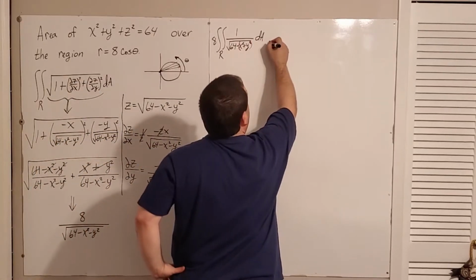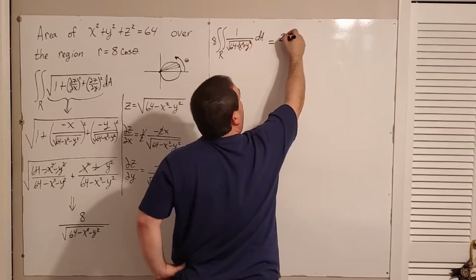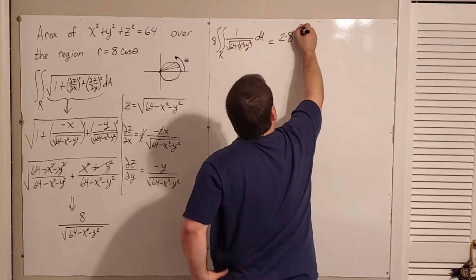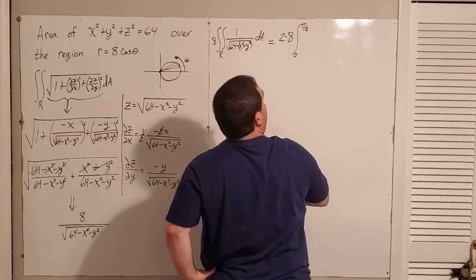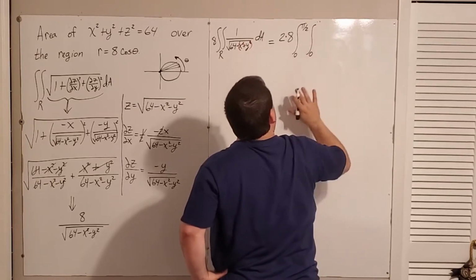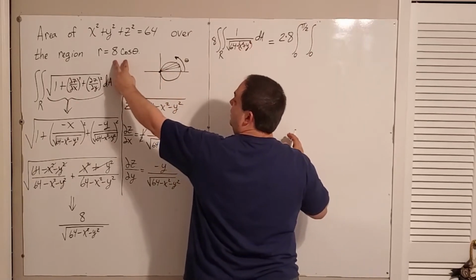Let's go ahead and write that out. I'm going to have 2, because of the double symmetry argument, times the 8 that's already there. And then I've got the integral from 0 to pi over 2 for my theta. And I've got the integral from 0 to the curve. And remember, the curve is represented by this equation here.